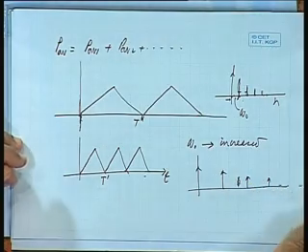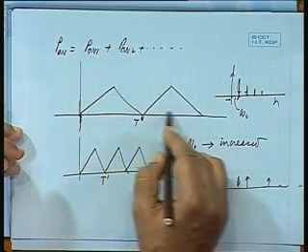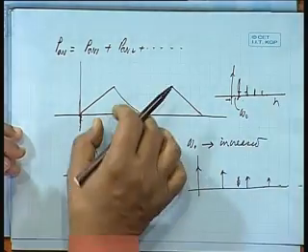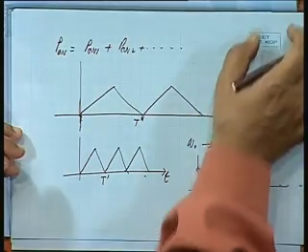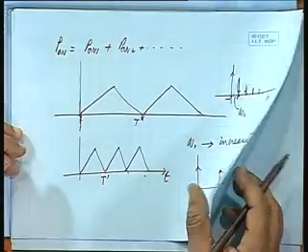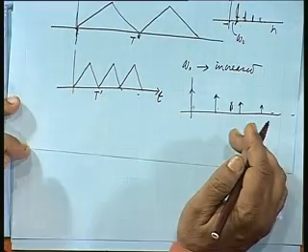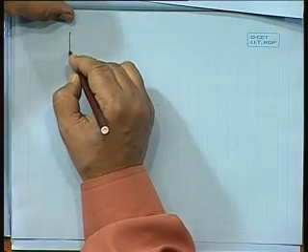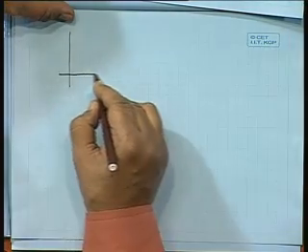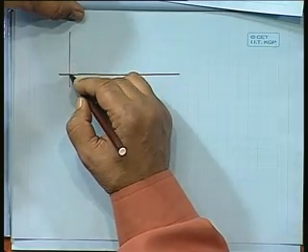That means this gap has been increased. So, the spectrum will be like this. On the other hand, if we stretch T, then this will shrink, the gap will narrow down. So, these lines will come closer.